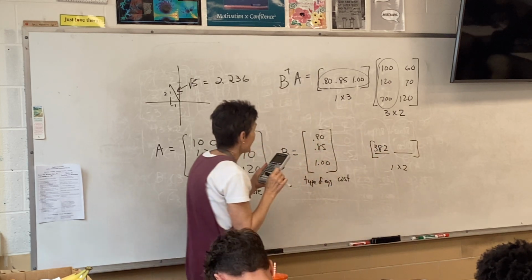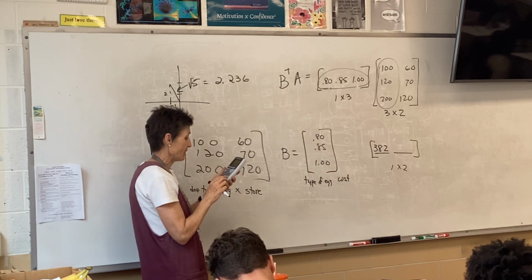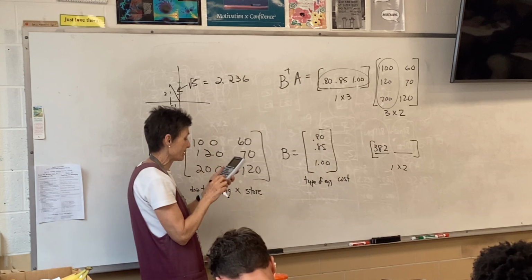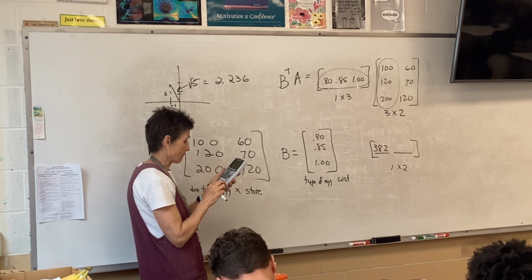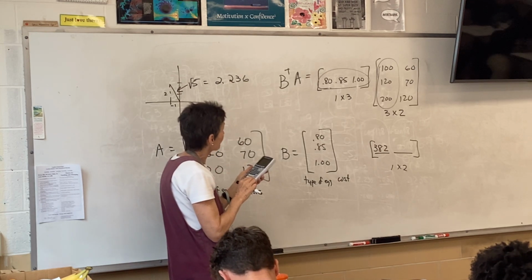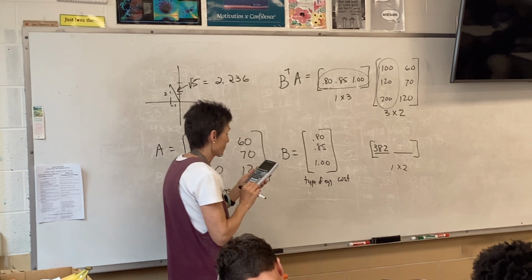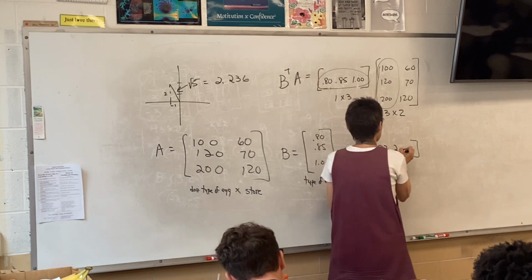Please double check me, I got 382. And then do the same thing for the second column. $227.50.